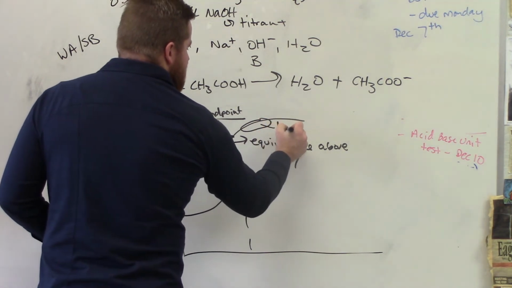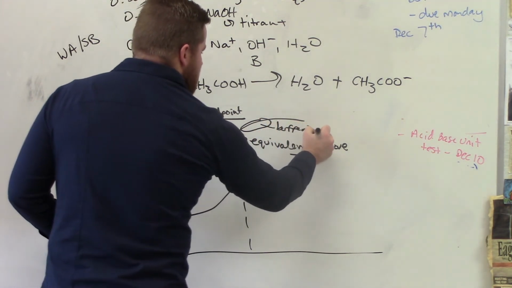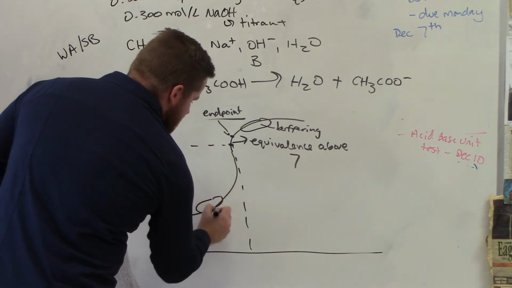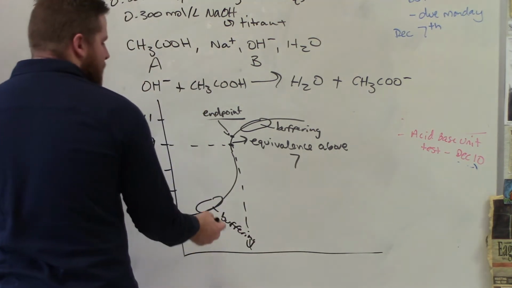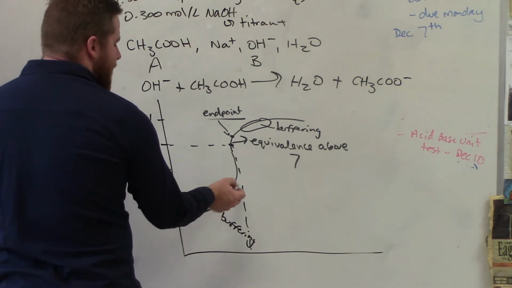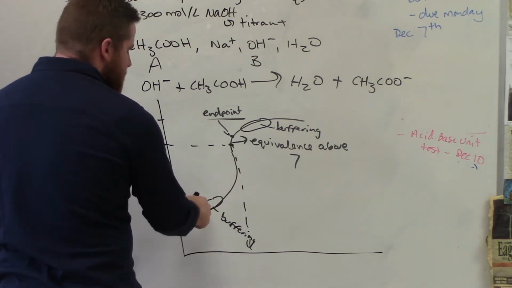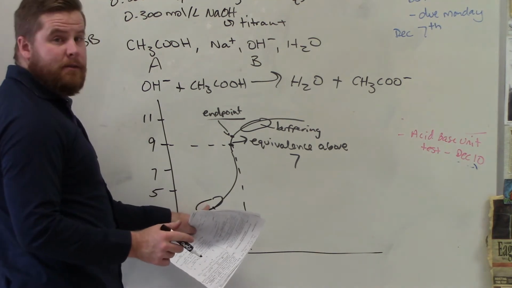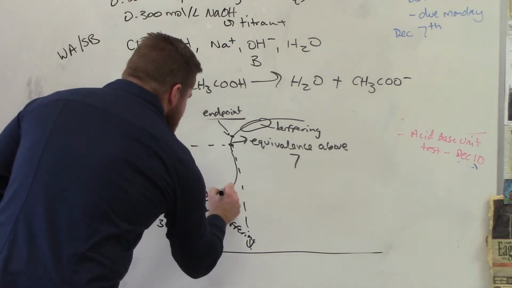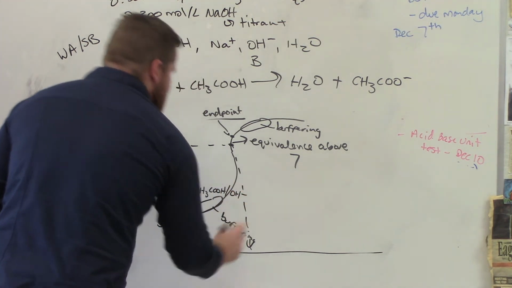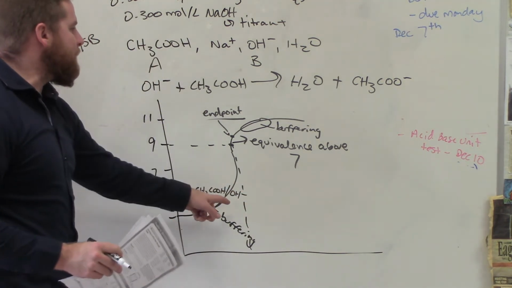So there's a buffering region here. And then there's a buffering region here. So we're about to have a rapid pH change, but the pH change is being resisted here. And my buffering region here is CH3COOH and CH3COO negative, because those are the entities that are present.